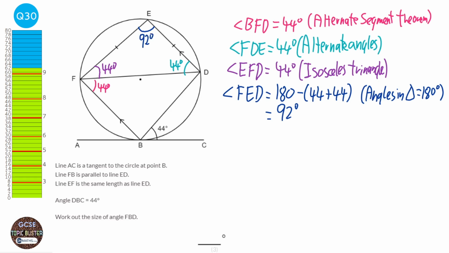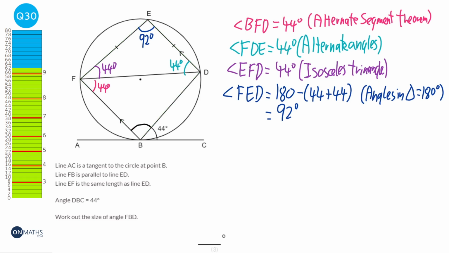And finally, took us a while to get there, but finally we can work out what this angle is, because in total all four corners of this quadrilateral here are touching the circle, so it's a cyclic quadrilateral.